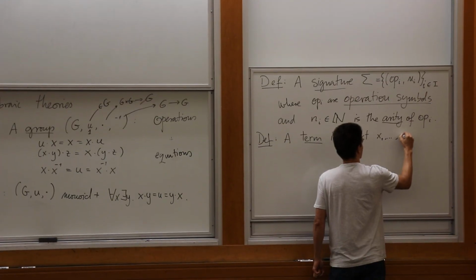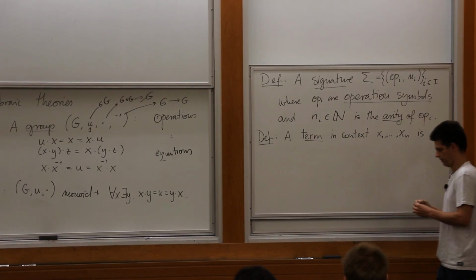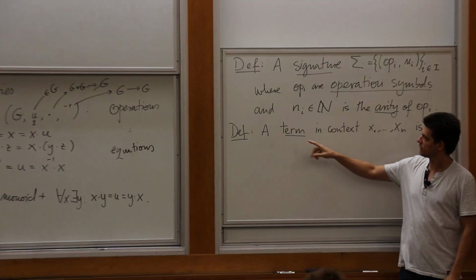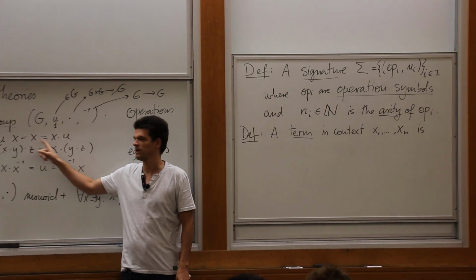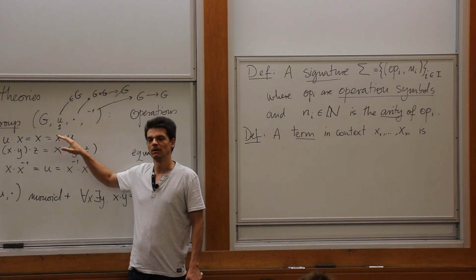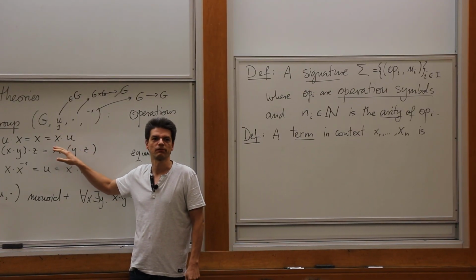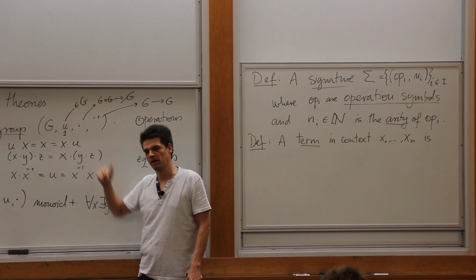I'll explain this. We are going to look at how to build expressions, but when you build expressions, you have to know what variables are allowed. It's very important that you first say what the variables are, what are the possible variables that you can mention, and then you explain what the terms are.